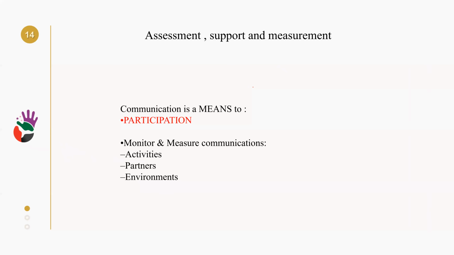Assessment: in general, communication is meant for participation. So when we are doing the assessment, we need to do it in different types of activities and places, while the child is doing an activity, with his partner, with his parent, with his friend, and in different environments.